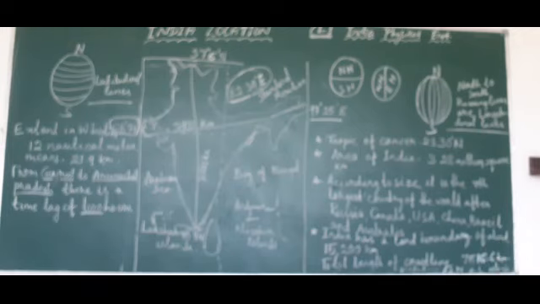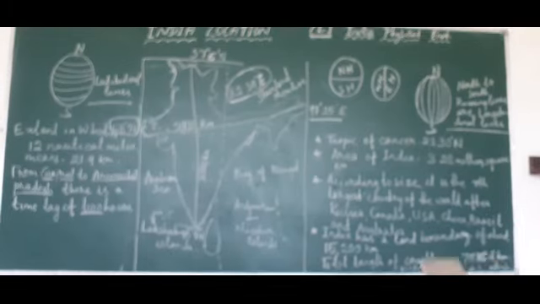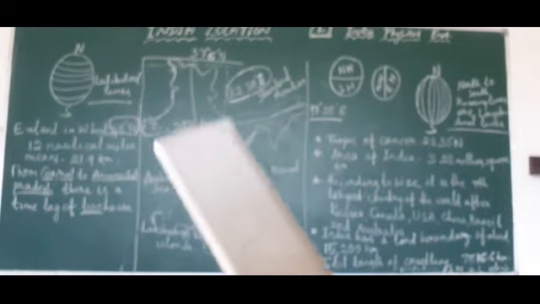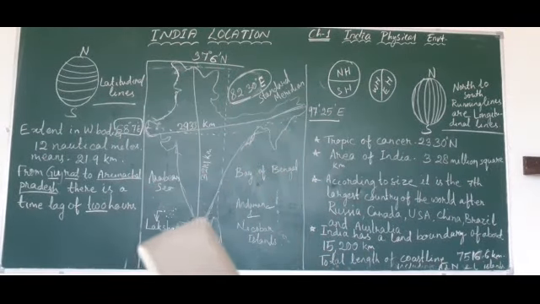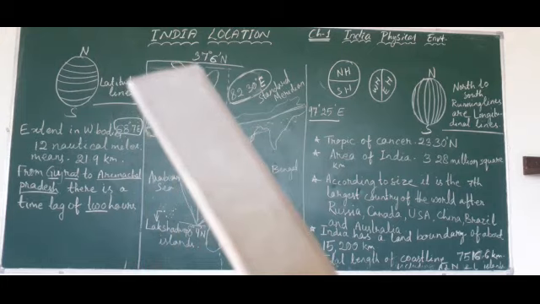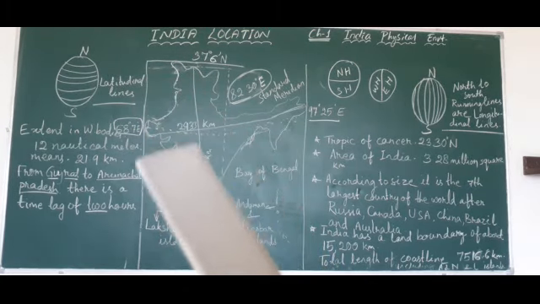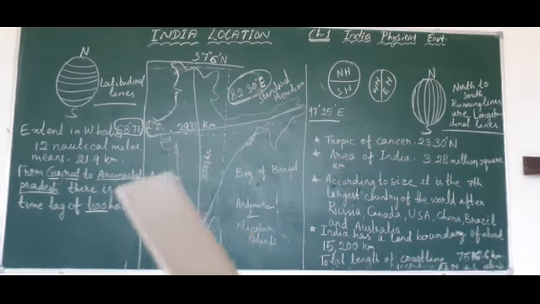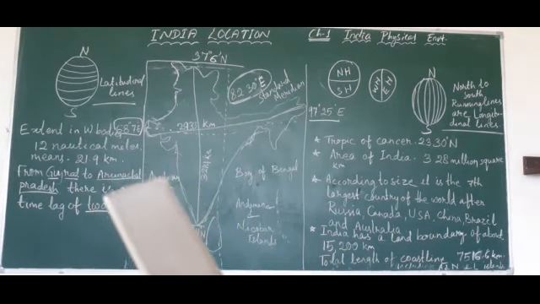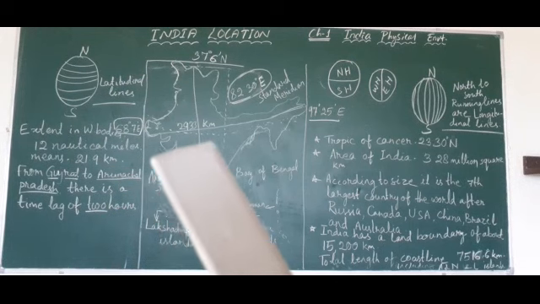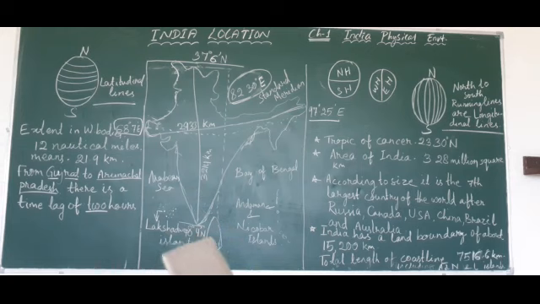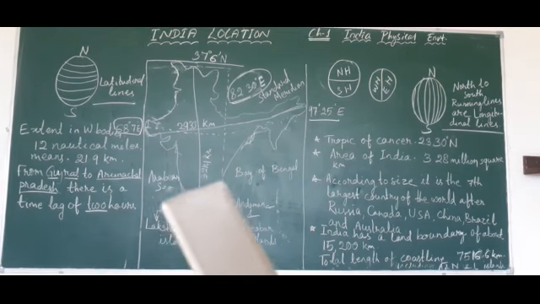Then we will know, from north Jammu Kashmir to Kanyakumari, what is the length of India? That is 3214 kilometer.